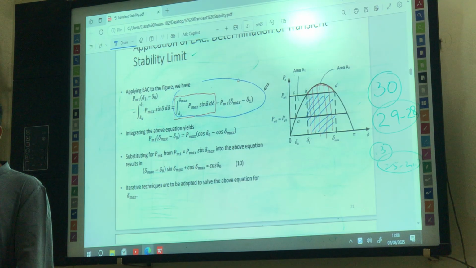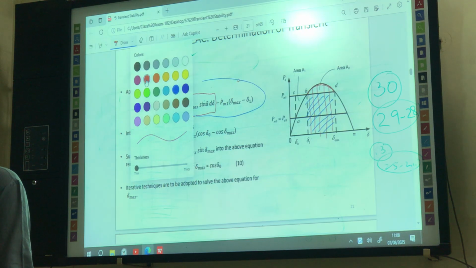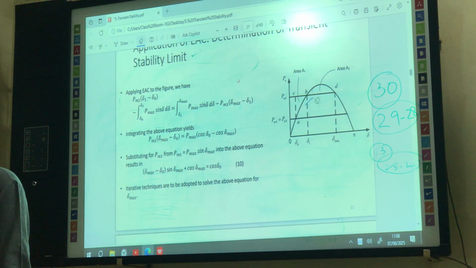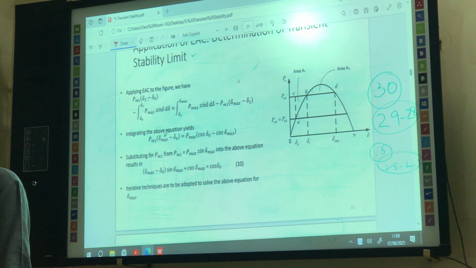Okay. Then complete the integration of this. Now complete the integration. If you change the sides of some terms, you will get finally this thing. Okay. Do I need to show this thing?